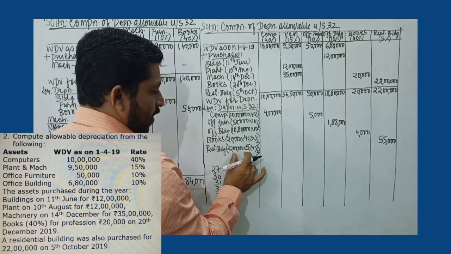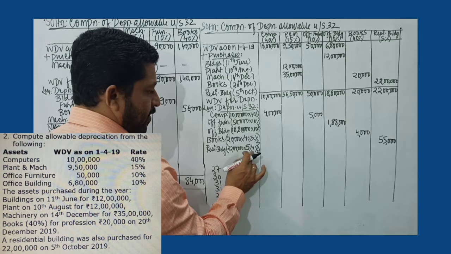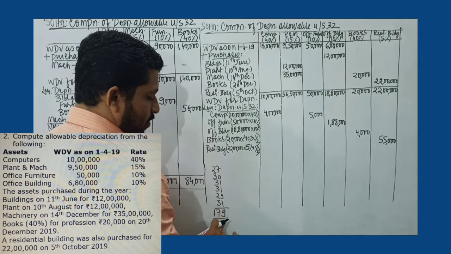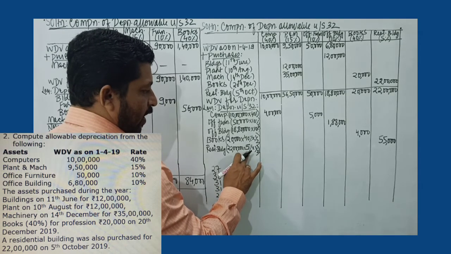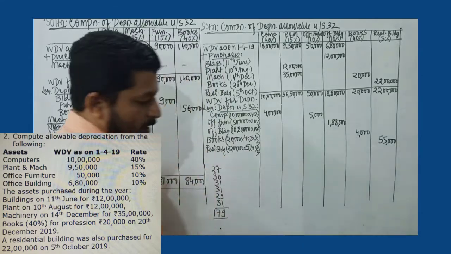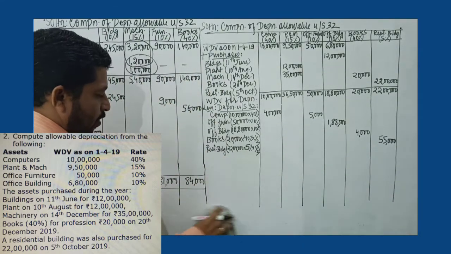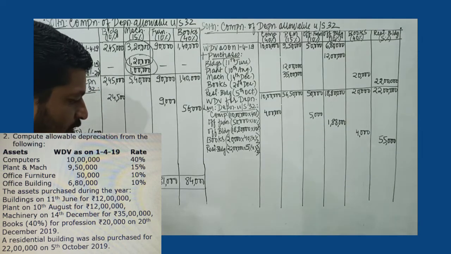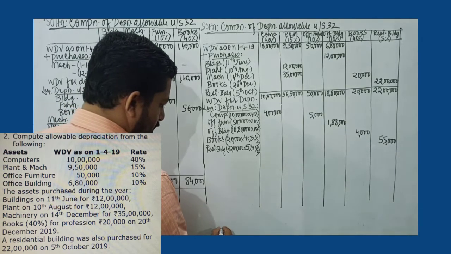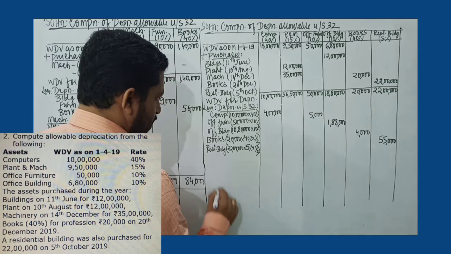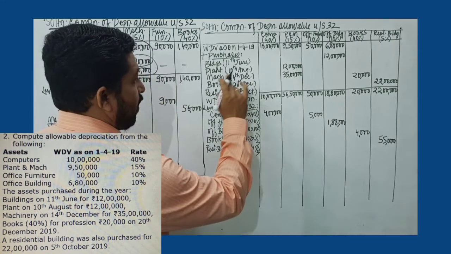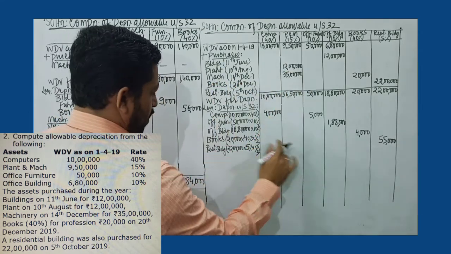Since this is purchased and put to use for less than 180 days, half year's depreciation would be calculated. So 1,10,000 into half would work out to 55,000. So this is about the block of assets as far as depreciation is concerned on residential building.